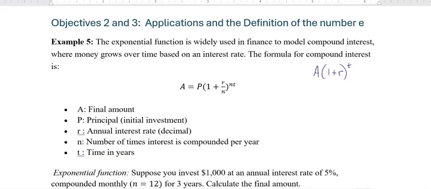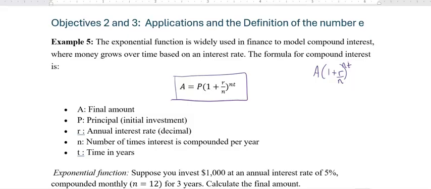So you break up your rate over the year. If it's 12 times a year, like monthly, then you would take your 5% rate and divide it by 12 and apply it as you go through the year. And then that requires a shift to the exponential piece where you multiply by that number n times t. And you get this very famous compound interest formula.